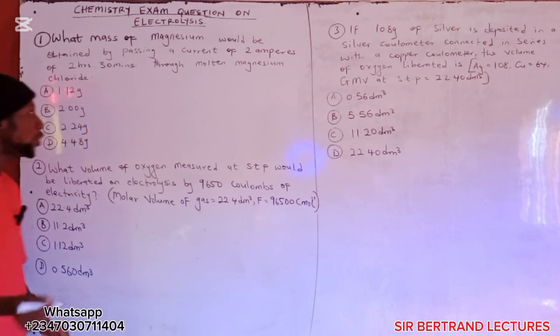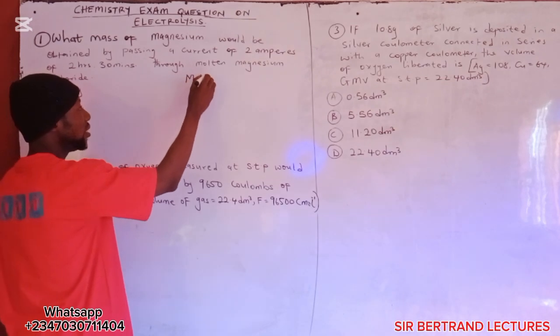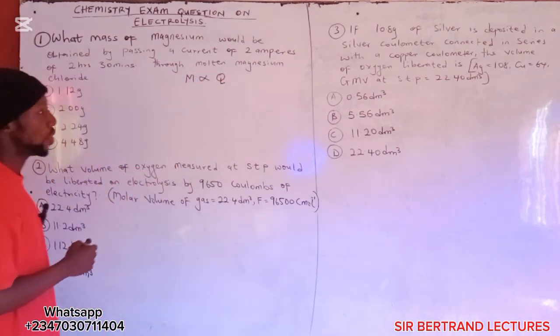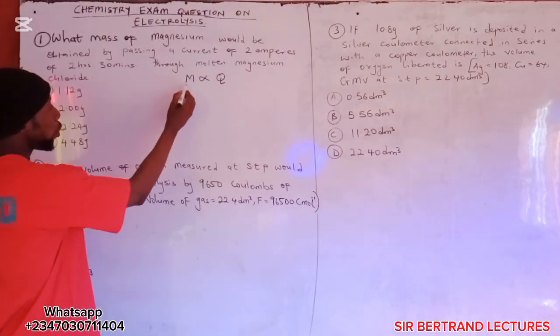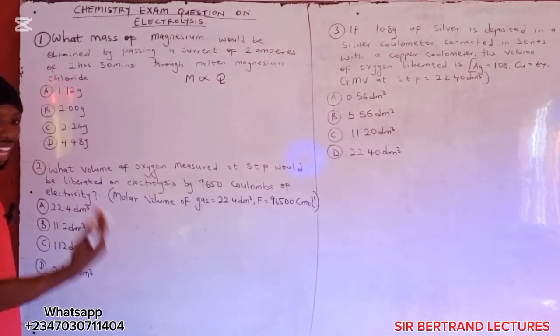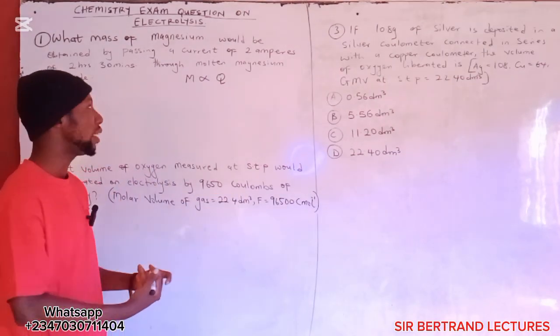According to Michael Faraday, the mass of substance liberated or deposited is directly proportional to the quantity of charge in coulombs that passes through it.